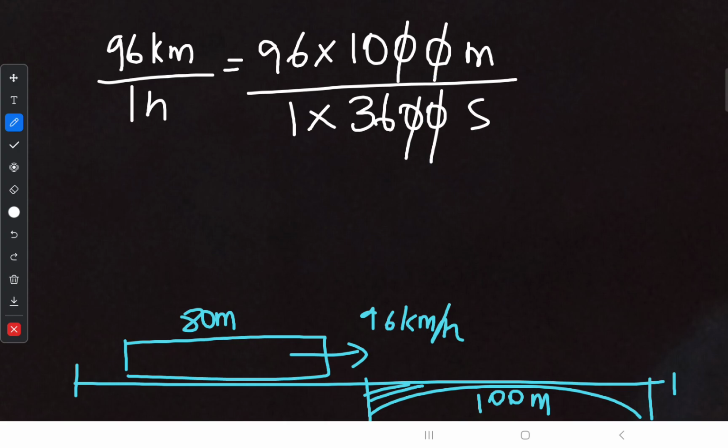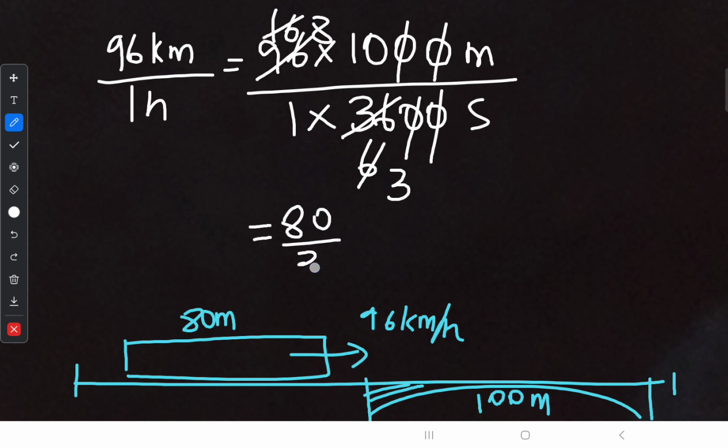We can simplify this by 6. 6 sixes are 36 and 16 sixes are 96. Furthermore, we can simplify this by 2. Here 3, here 8. So 8 into 10 upon 3. That means 80 upon 3 meter per second.